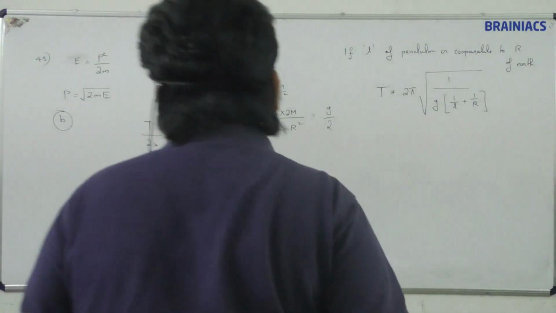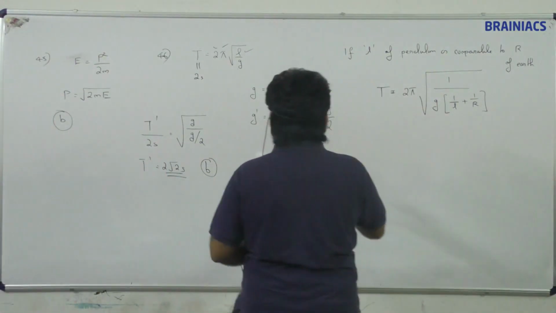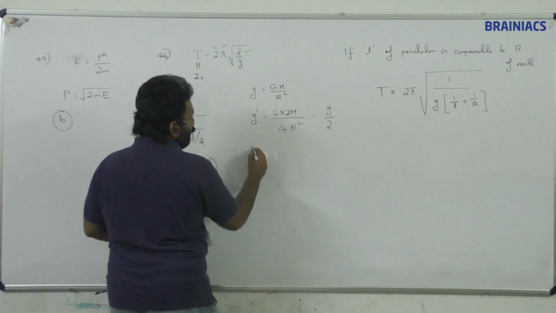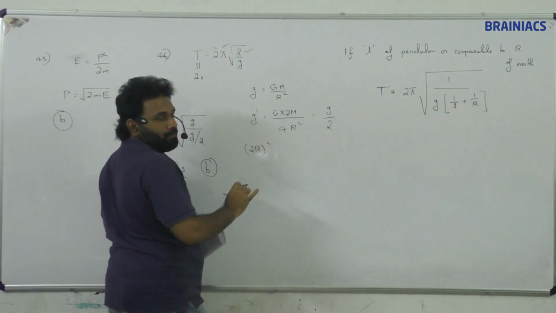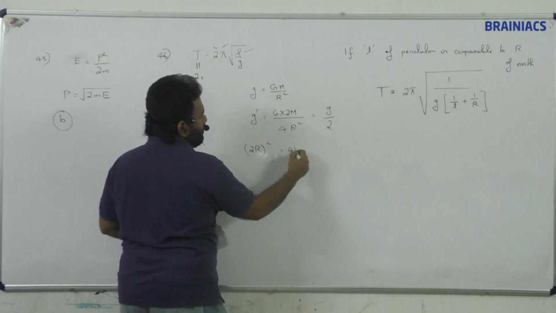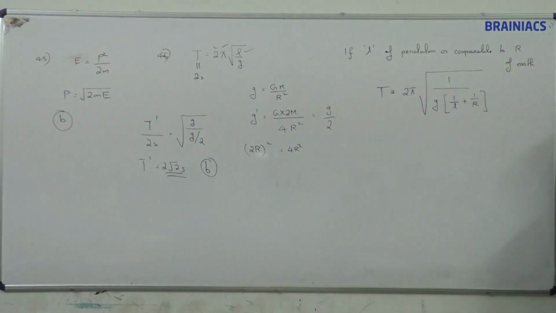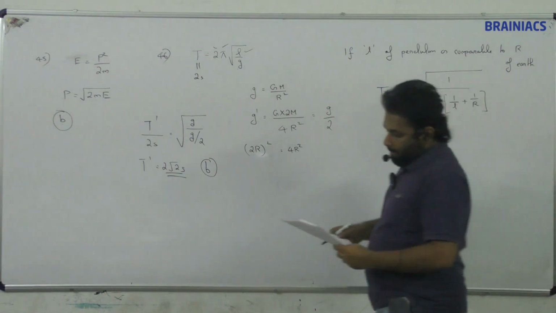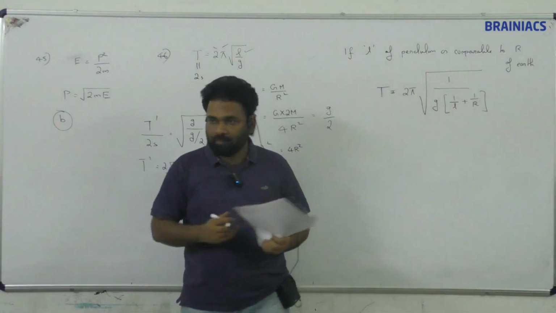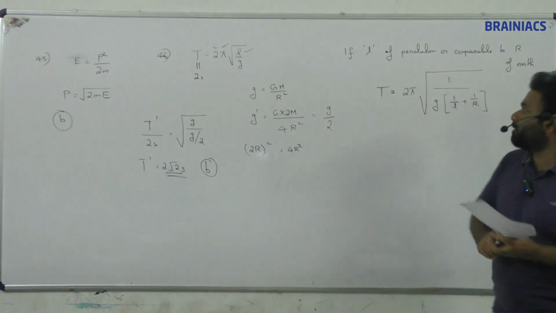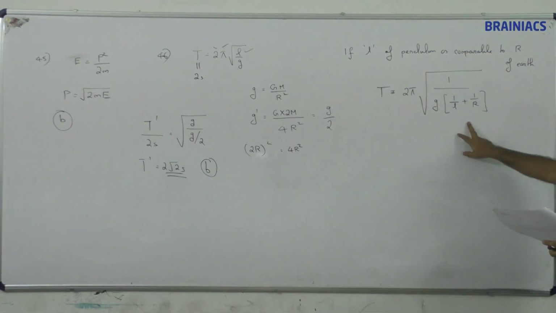Radius is getting doubled, right? Diameter is getting doubled, so radius gets doubled. Over simple pendulum. Okay, so mark this also.